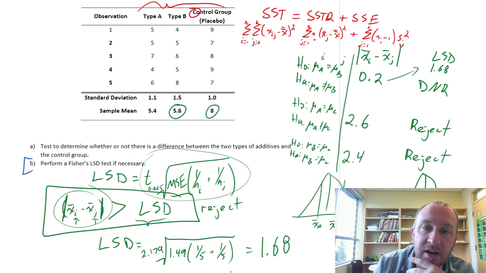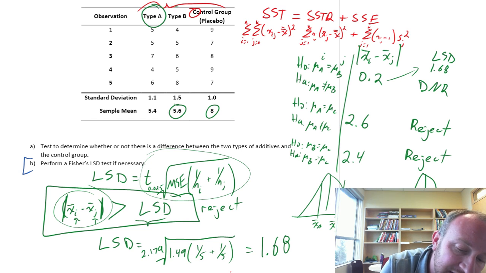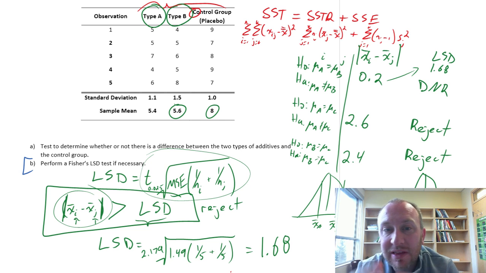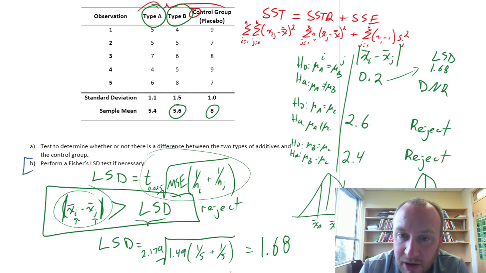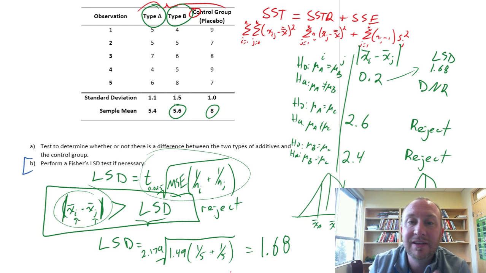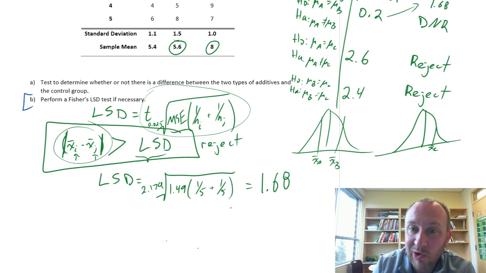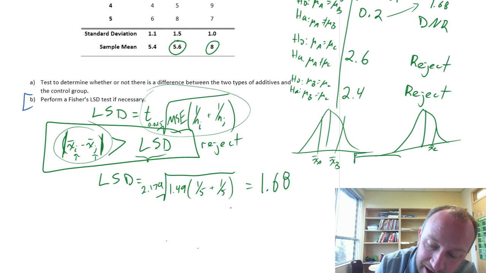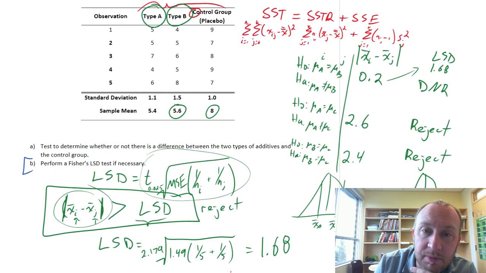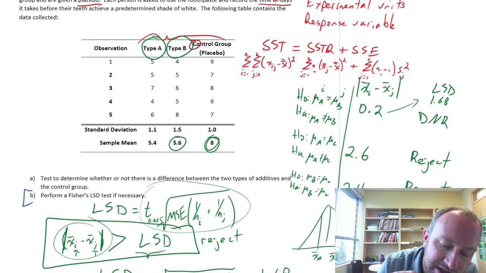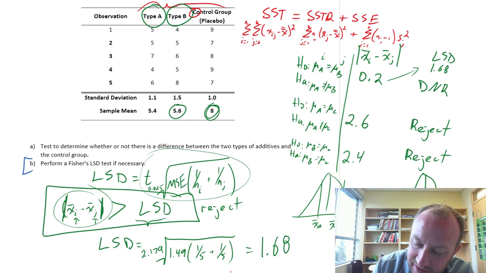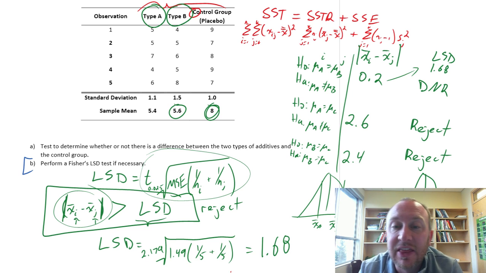So both of our different types of toothpastes came from the same population that has a lower mean than the control group. The control group with a sample mean of 8 is larger than the two different types of toothpaste additives.